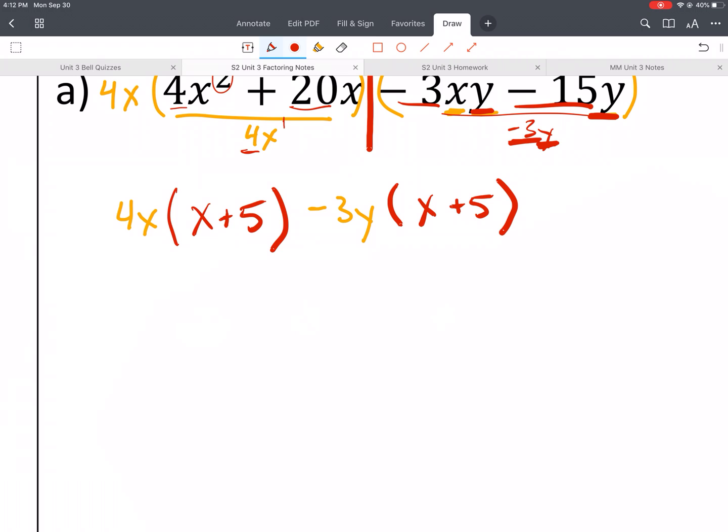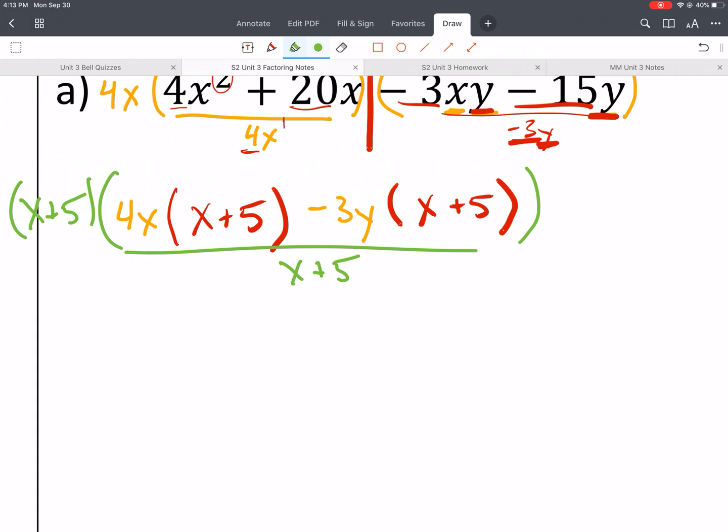So in effect, kind of in a long way, we can put this parenthesis around x plus 5, and then divide everything by x plus 5. 4x times x plus 5 divided by x plus 5 would cancel out.